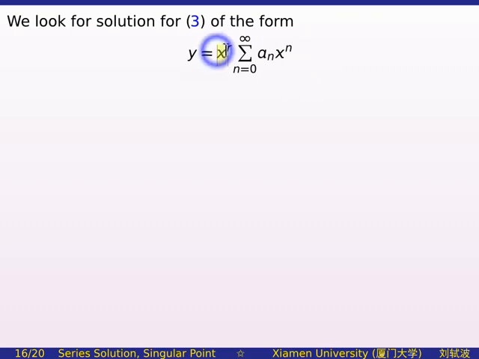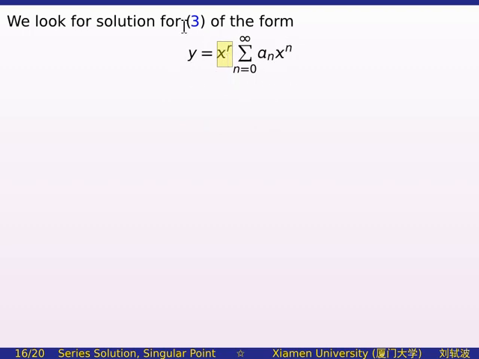If r is a non-negative integer, this y is analytic. But for some equations, this r might not be an integer, and it might even be irrational or even negative. So this expression represents a large class of functions, not only the analytic ones. Only when r is a non-negative integer is this y analytic.